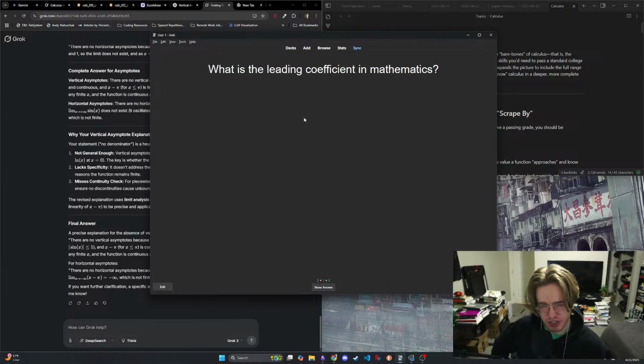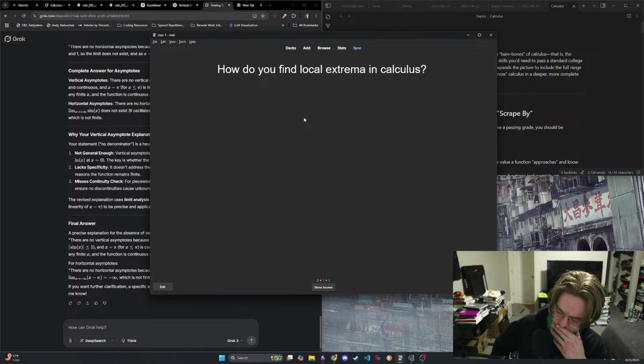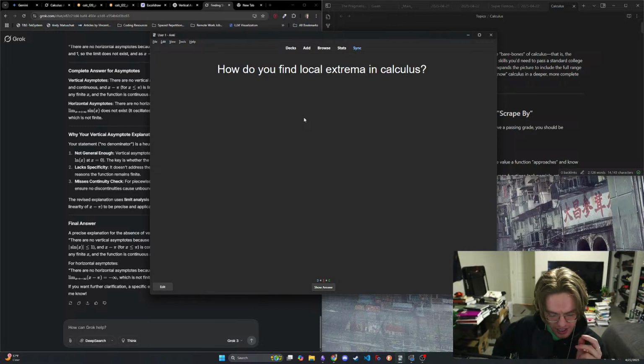The leading coefficient is the coefficient that has the highest degree. Local extrema: first you find critical points by setting the first order derivative equal to 0. Then you take the second order derivative and input the critical points.